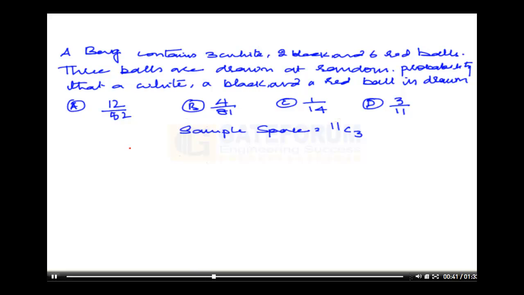Therefore the favorable outcome should be 3C1, 2C1, 6C1.